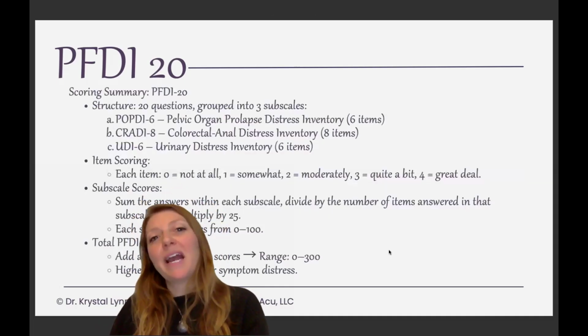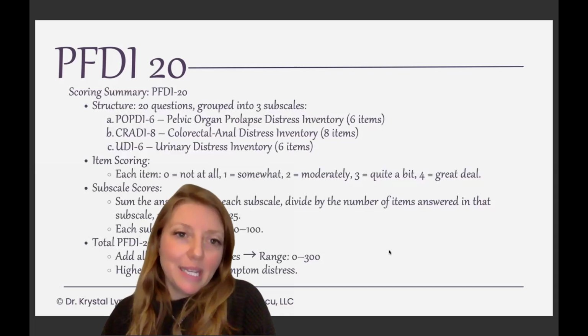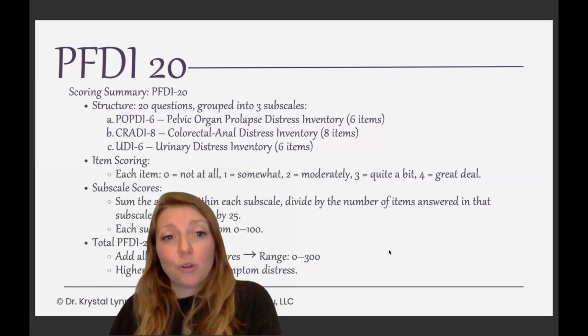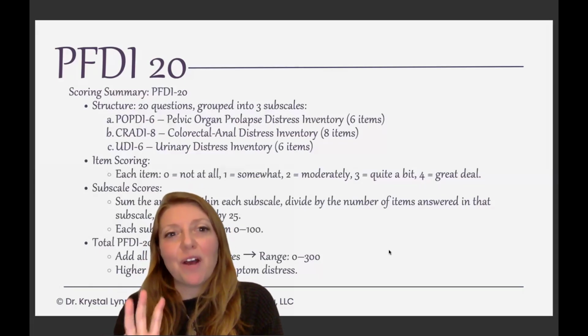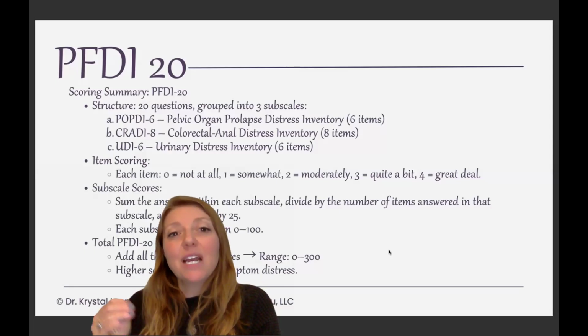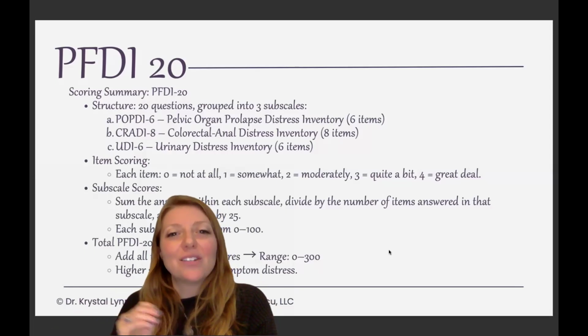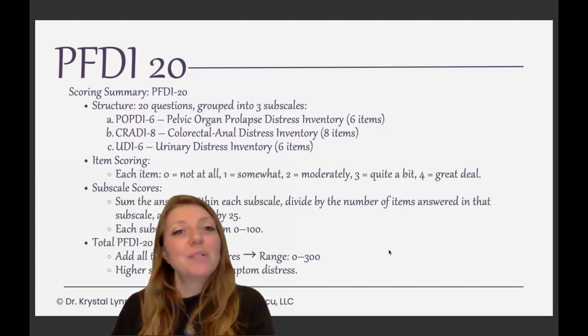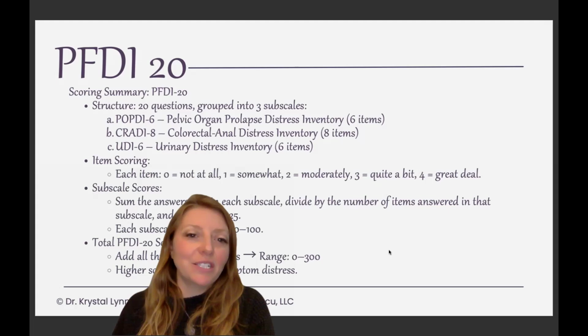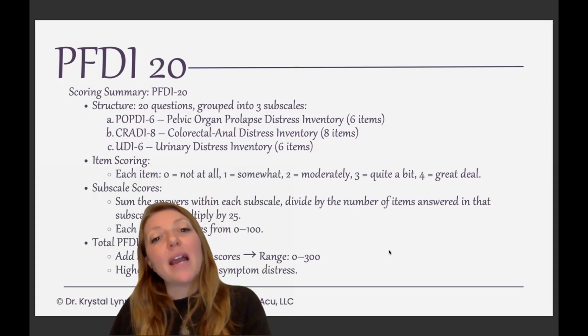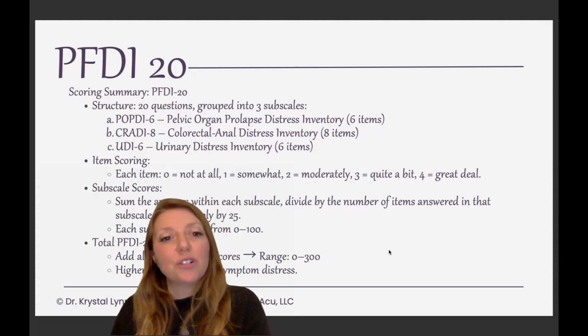So in summary, I wanted to make this really, really easy for you guys to score. So I tried to really simplify the process. The PFDI 20, named 20, has 20 questions. There are those 3 subscales, right? Pelvic organ prolapse, colorectal anal, and then urinary distress. And then the item scoring goes from 0 to 4.